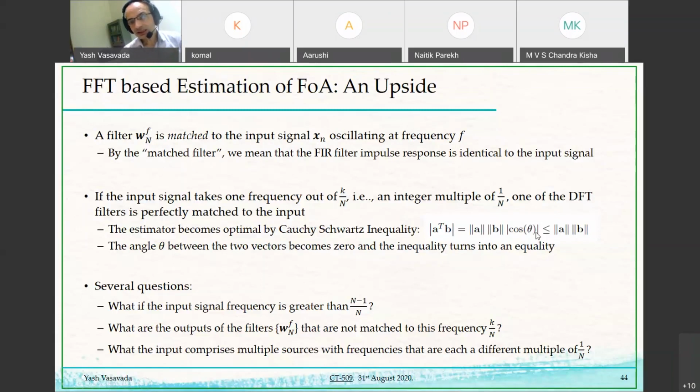And when that angle theta becomes 0, according to the Cauchy-Schwarz inequality, you get the highest value at the output of the filter. This A is our filter W n of f. B is the vector corresponding to the incoming signal, and when the matching happens, you can't beat it.